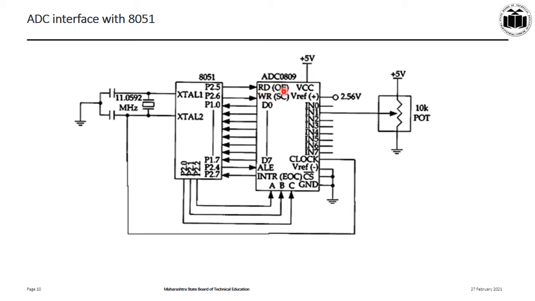The output enable is connected on port 2.5 and start of conversion is on 2.6. We have ALE on 2.4. EOC, also known as interrupt, is on 2.7. ADC needs external clock, so we are sharing the clock with the microcontroller.